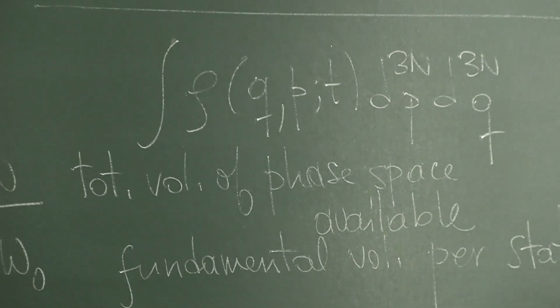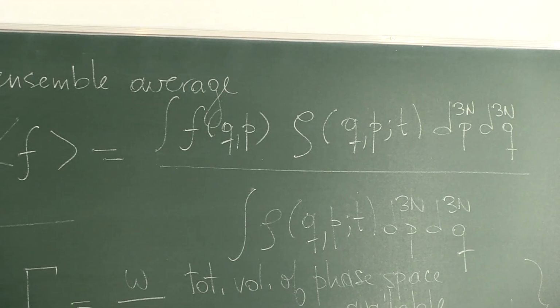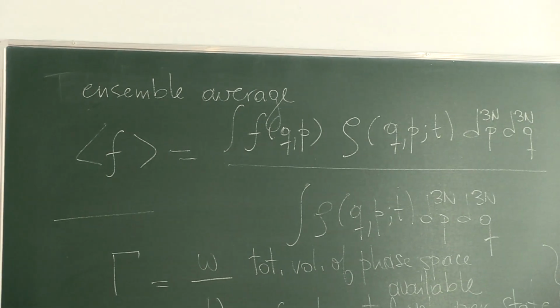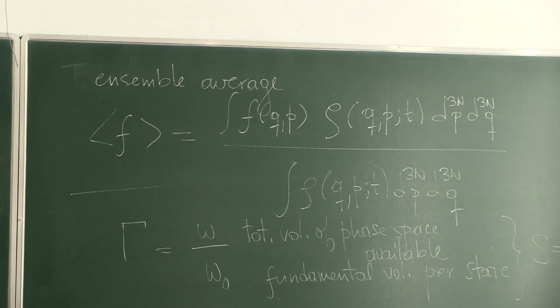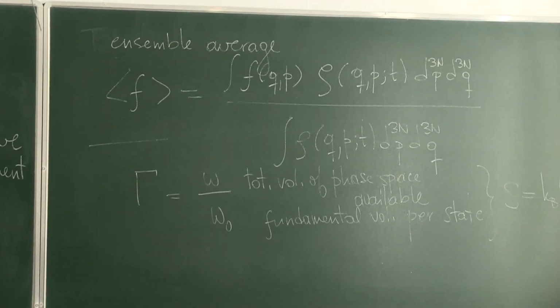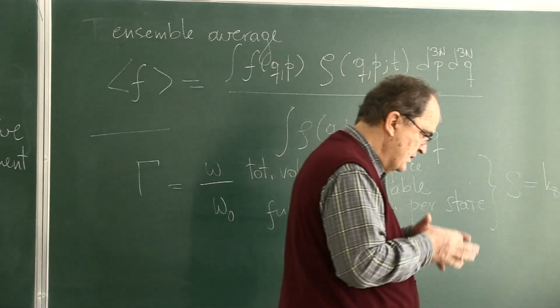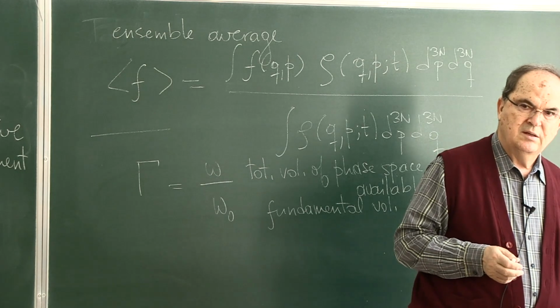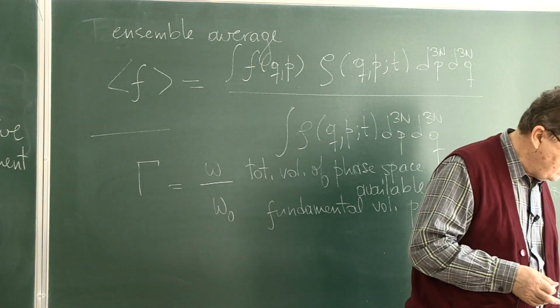For that, I have to go to quantum mechanics and bring in an important idea, the uncertainty principle, isn't it? Well, there is a limit to what we can know about position and momentum.